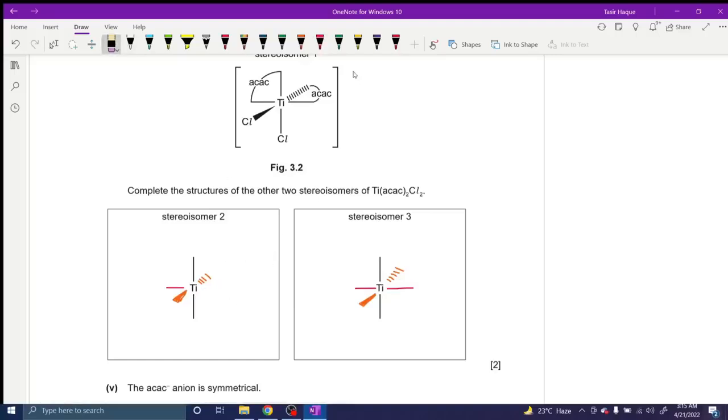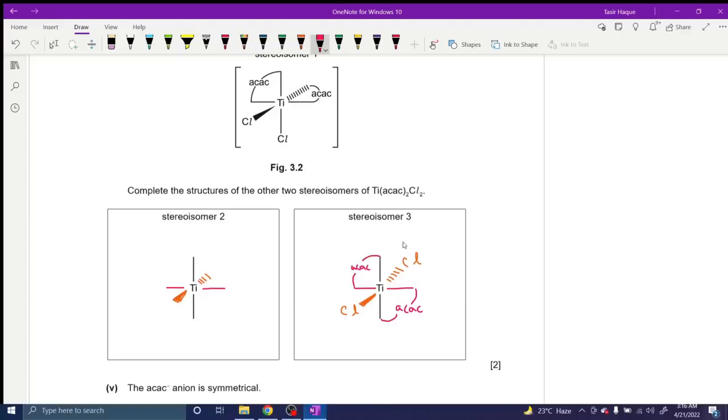Wait, I had to draw this better. Okay, so let's go for it. I'm going for the trans isomer. The chlorines need to be along the same line, right? And the ACAC has to be bonded here, like this, okay?